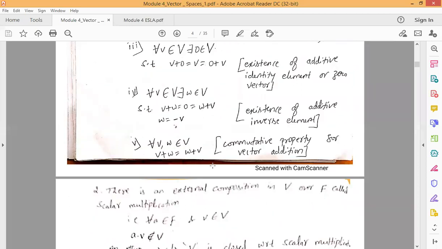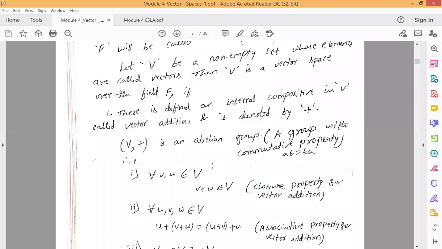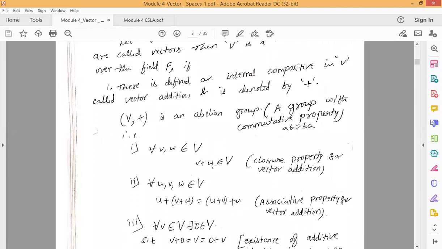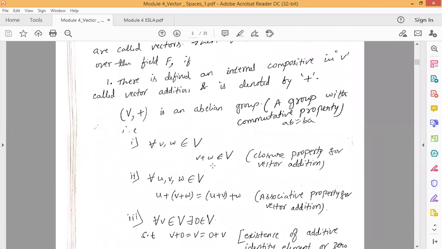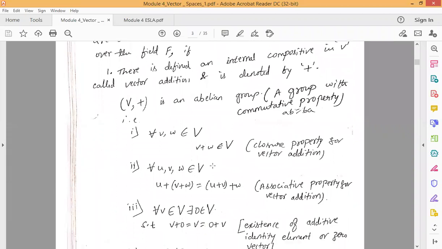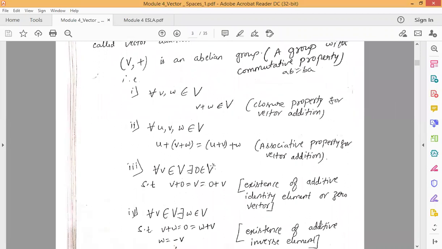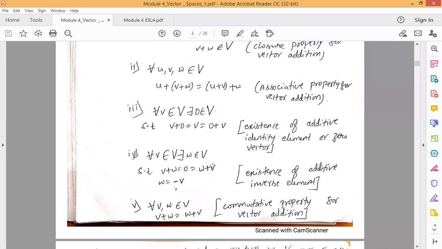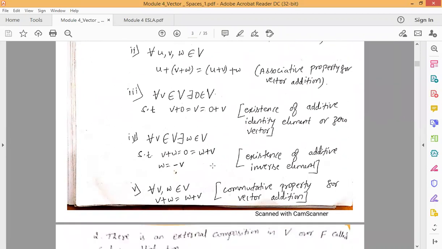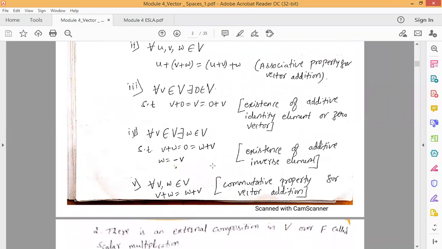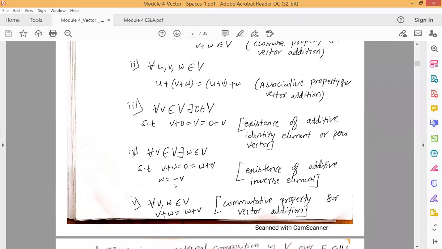This we have discussed. Under vector addition, you will come across various properties like the commutative property, closure property, associative property, and existence of additive identity element and additive inverse element. All these properties come under the vector addition.